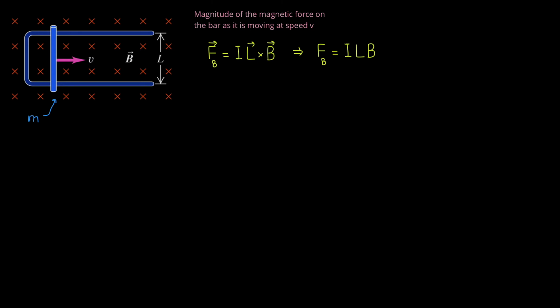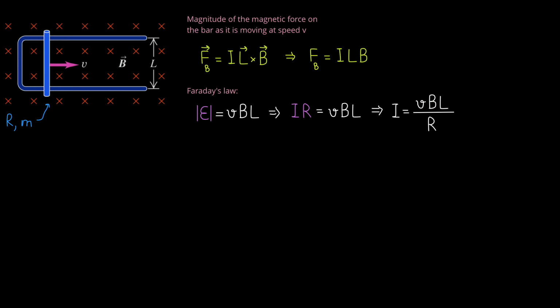To calculate the induced current, first we need to calculate the induced EMF, and for that we are going to apply Faraday's law. In this problem, the orientation of the bar is perpendicular to the magnetic field vector, and the velocity of the bar is also perpendicular to the magnetic field vector. Plus the velocity vector is perpendicular to the orientation of the bar as well.